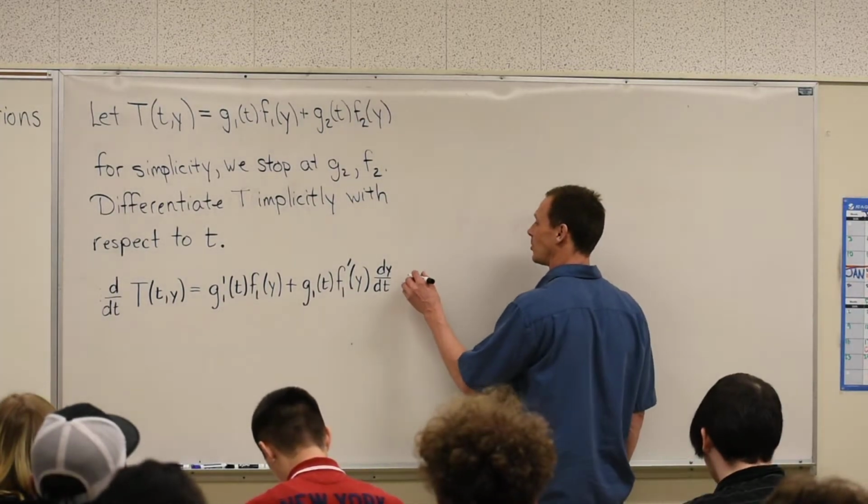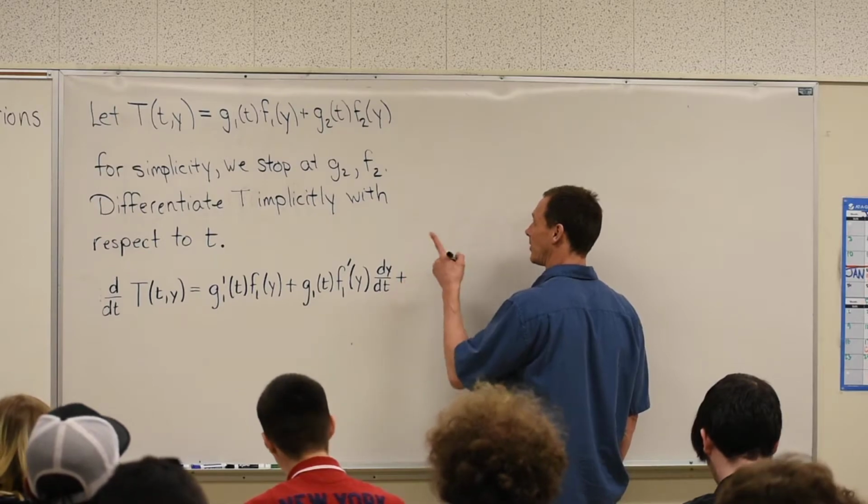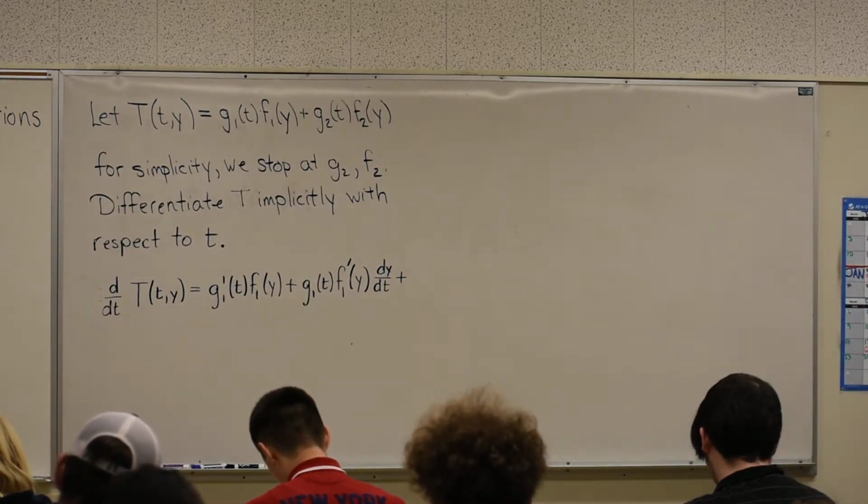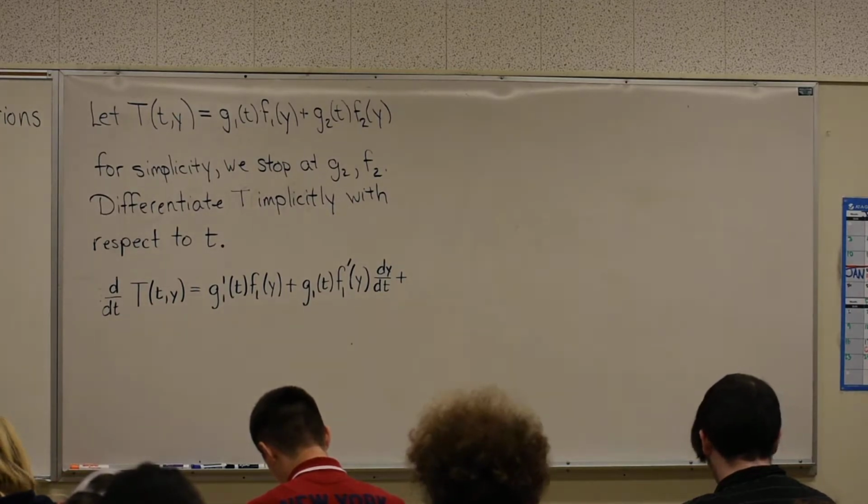Okay. Plus, let's do this one more time. Take a moment, write out the second derivative, just like I did the first time. So you're differentiating the G2 F2 term.